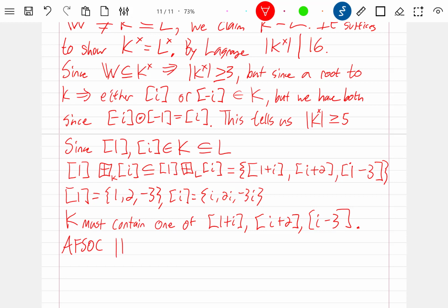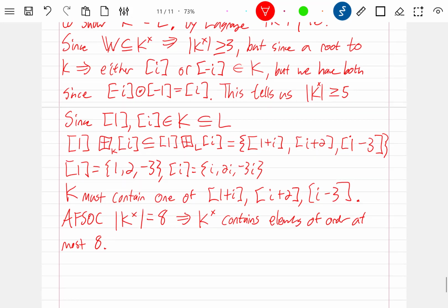So if we assume for the sake of contradiction that this size is 8, this implies that k star contains elements of order at most 8.